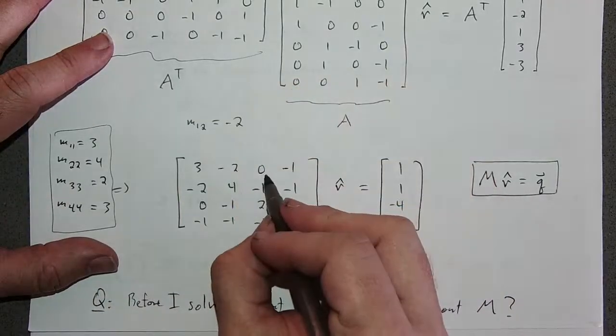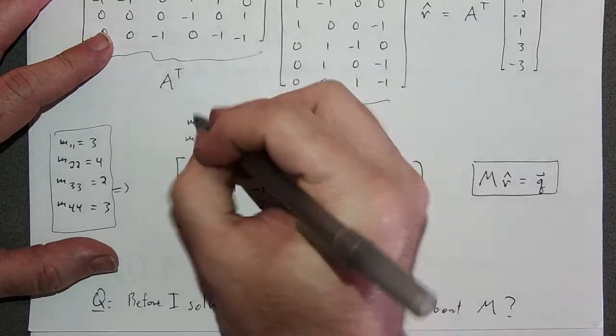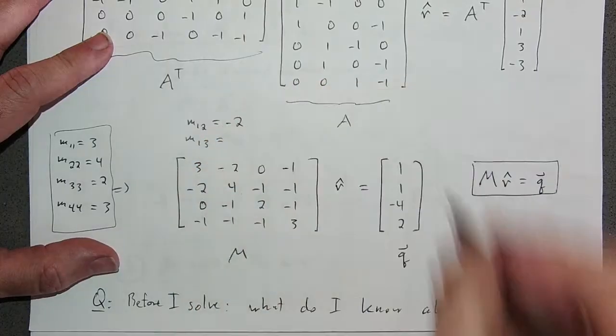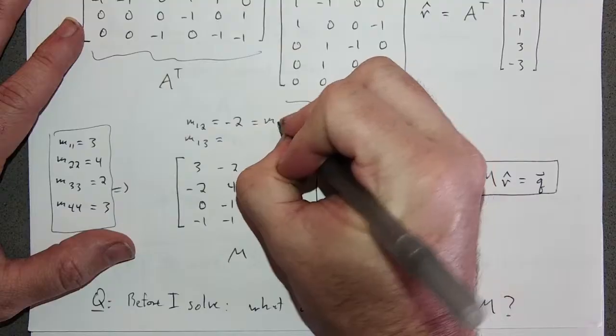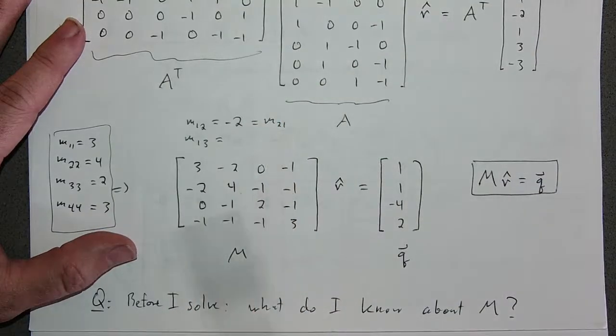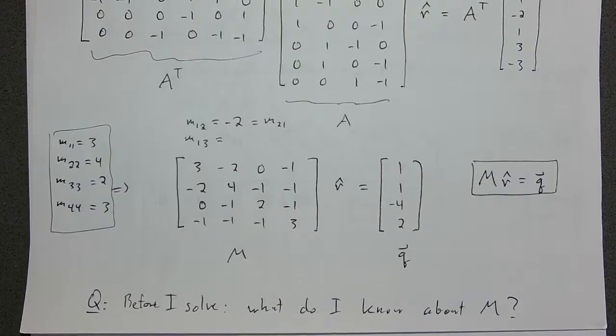Okay, what about this entry that's 0? So this would be M sub 1, 3. Of course, notice that I could have said this is symmetric, so I don't even need to do this. You already know that they're equal. But now you see why, intuitively, here's another reason for why this is symmetric, even if you knew nothing else about the fact that M is A transpose A. The reason that these have to be symmetric is, listen to the way I phrase it in words.